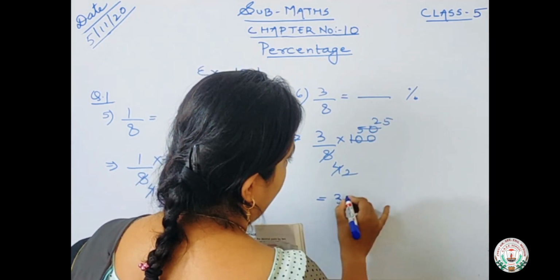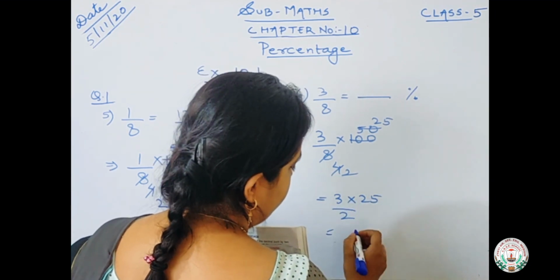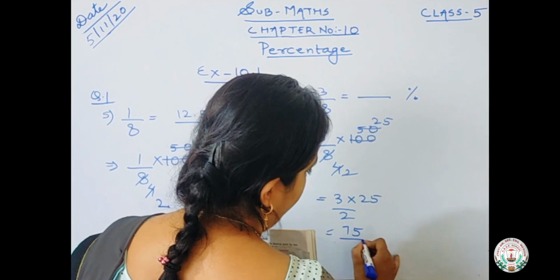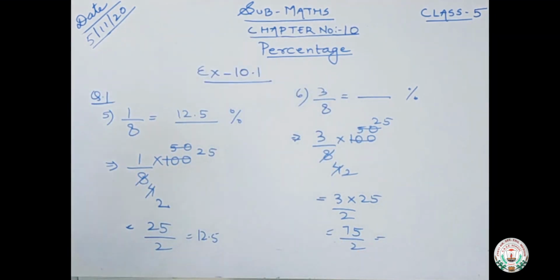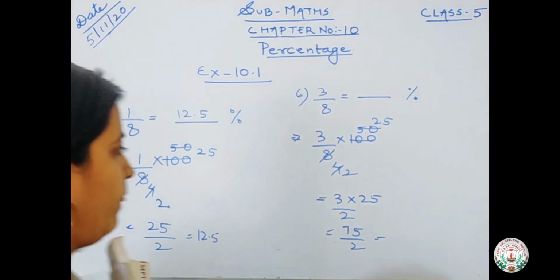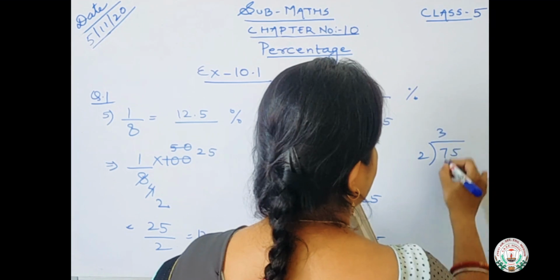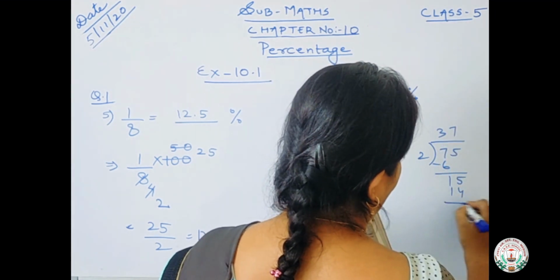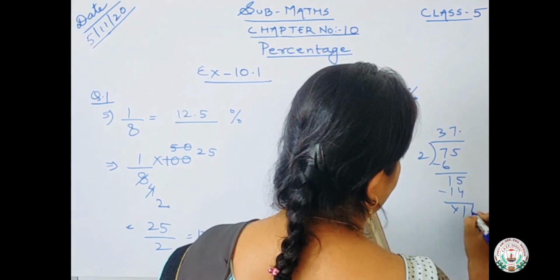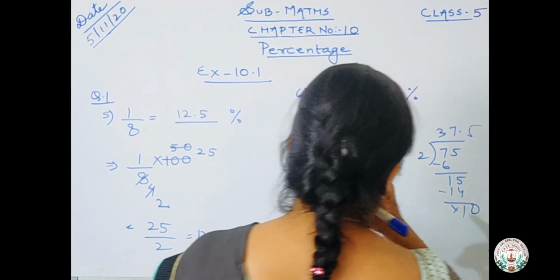So here 3 into 25 divided by 2. 3 5s are 15, 3 2s are 6, so 75 by 2. What do you get when you divide 75 by 2? Let us see in rough. 2 3s are 6, minus 1, 5. 2 7s are 14, minus 1, 0, 5. So the percent we got is 37.5.